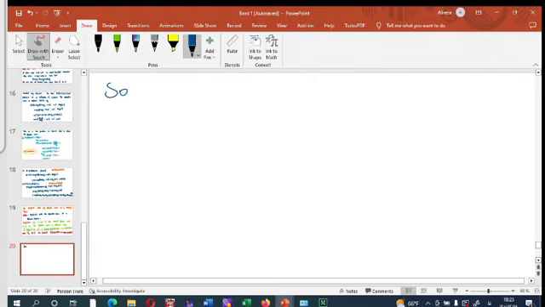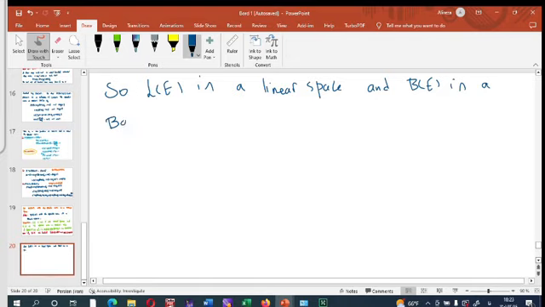So L of E is a norm space, or is a linear space, and B of E is a Banach space, because we consider E as a Banach space, okay?